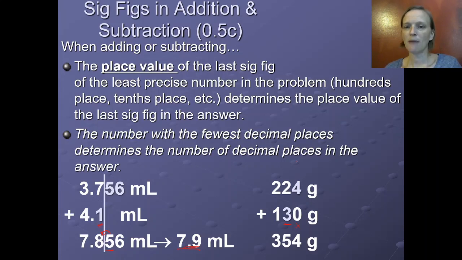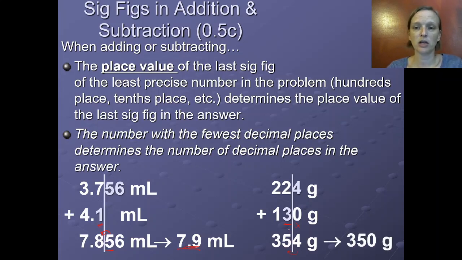Therefore, I'm going to have to round off my answer after the tens place. And because this number is less than 5, this has no effect on the previous digit. And we just round off to 350 grams.